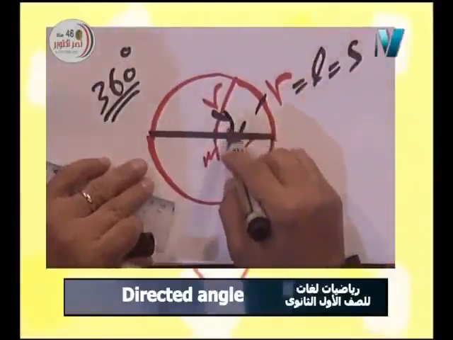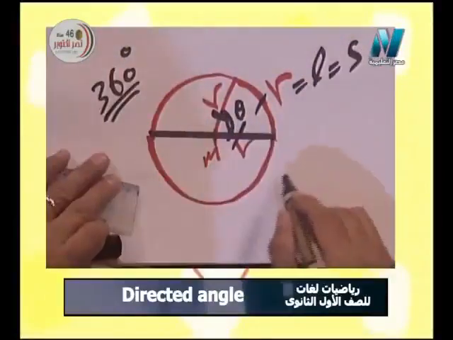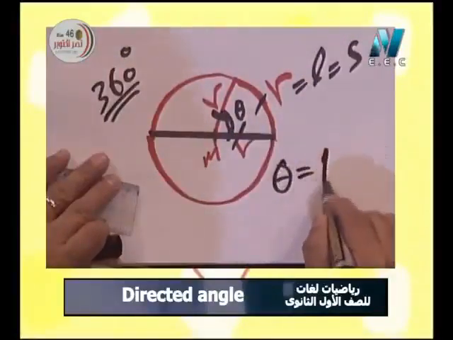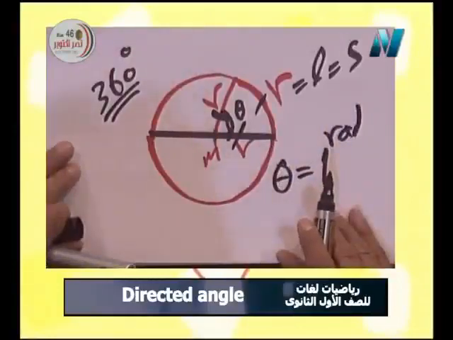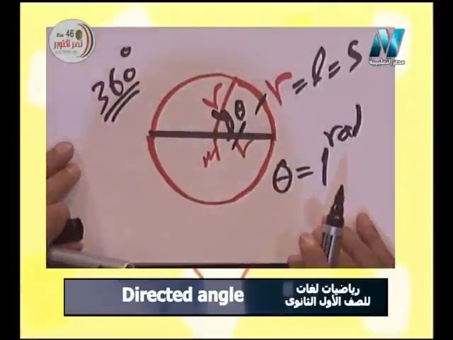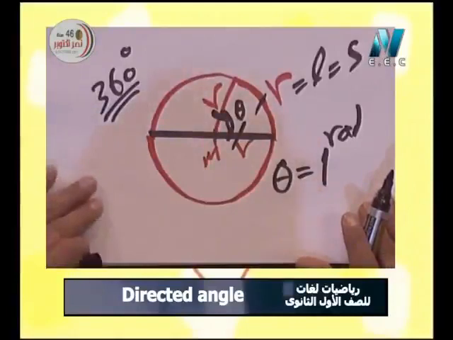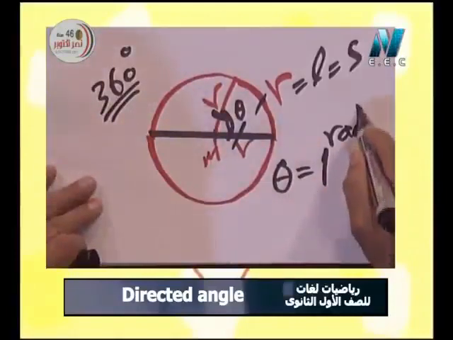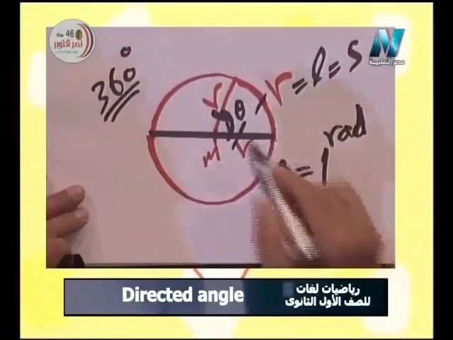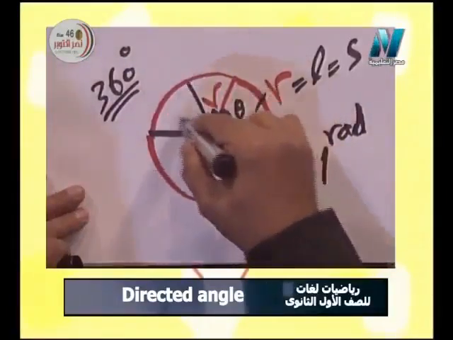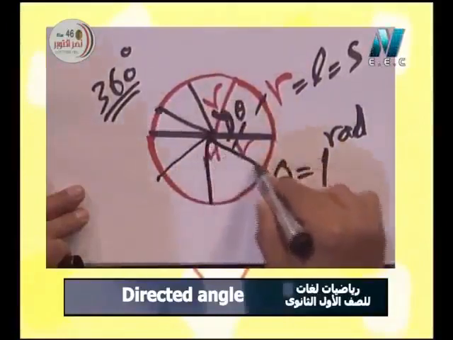Then this angle we call it theta in rad. Theta here equal 1 rad. Okay, so we have another method to measure angles which is rad. This is theta rad or 1 rad, okay, and 2 rad, 3 rad, 4, 5, and 6.